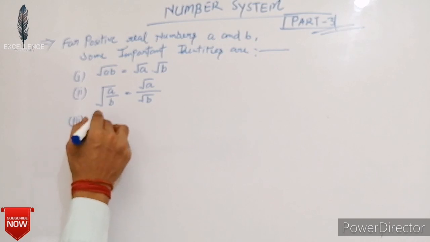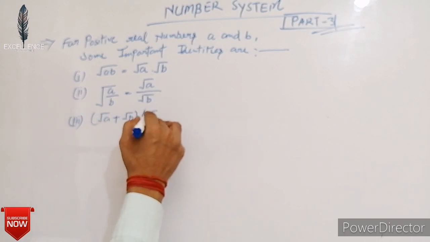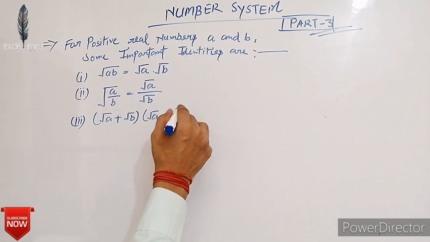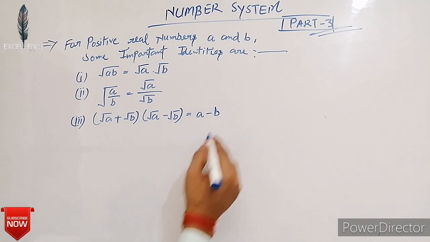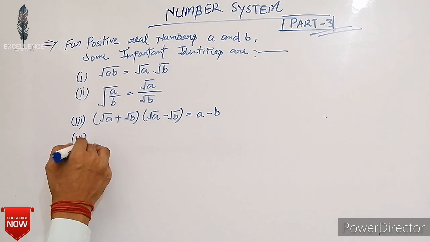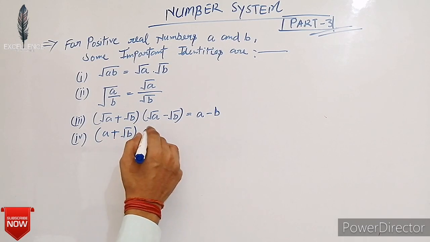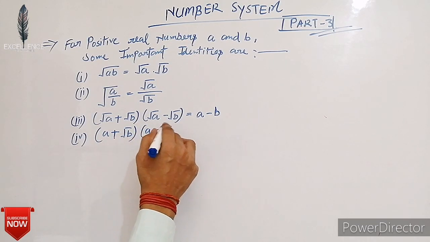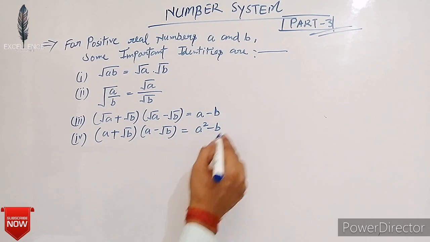Here under root a plus under root b, under root a minus under root b is equal to a minus b. Now fourth is a plus under root b, a minus under root b is equal to a square minus b.